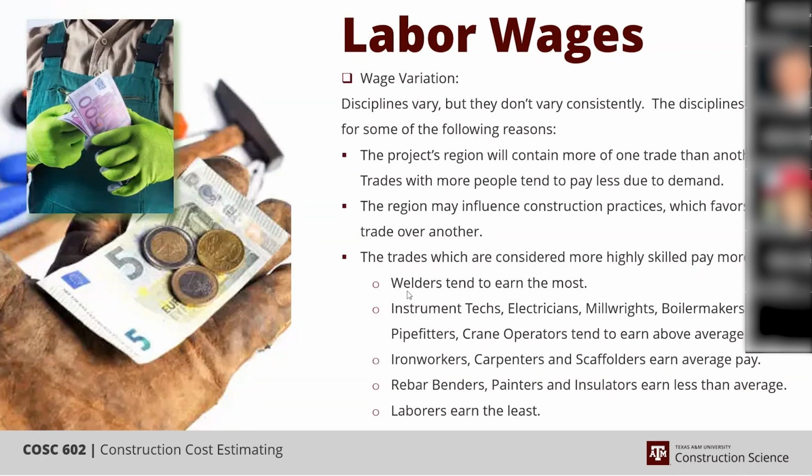I've kind of rolled this together a little bit. The pipe welders really tend to get paid about the same as millwrights and instrument techs. It's the combo welders and the rig welders that earn the most, and that's because they're certified for multiple materials.